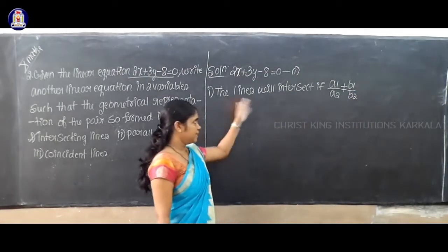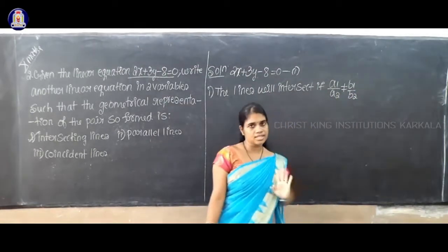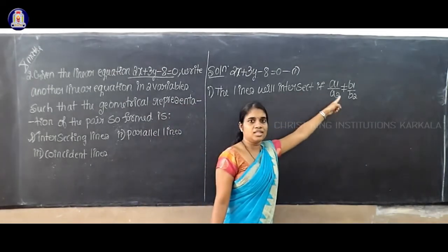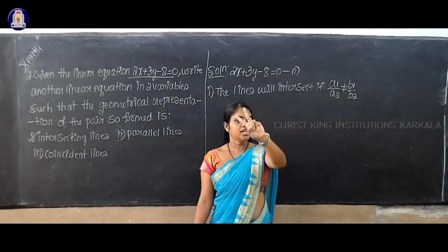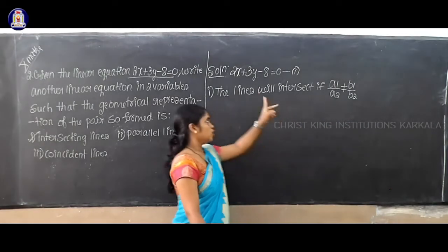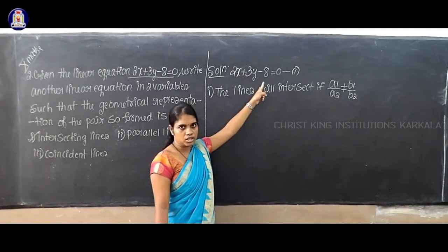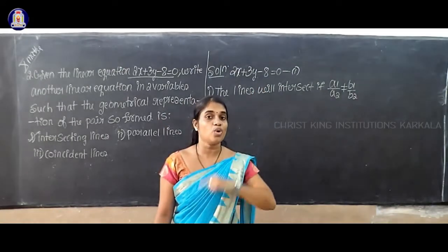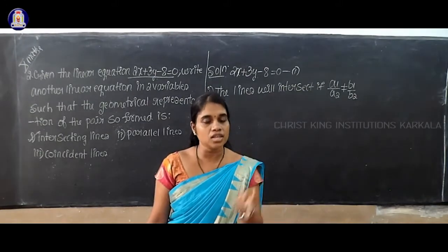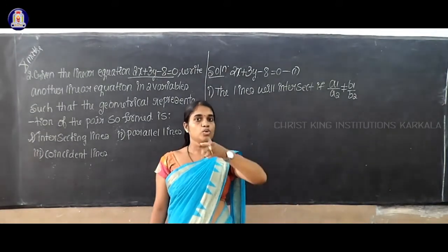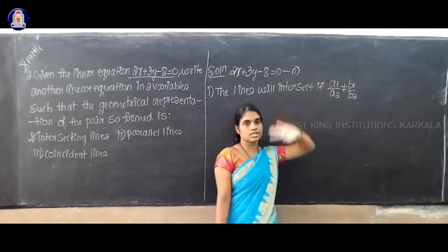The lines will intersect if it satisfies this condition. To compare this relation, we need two equations, isn't it? So here one equation is already given in the question. So now you have to take another equation. You have to generate another equation in such a way that those two equations should satisfy this condition.